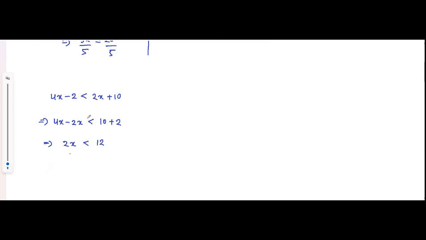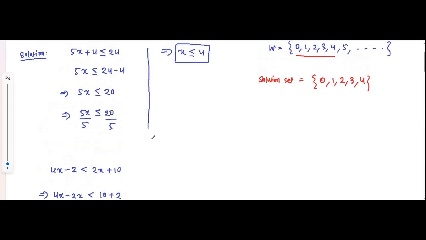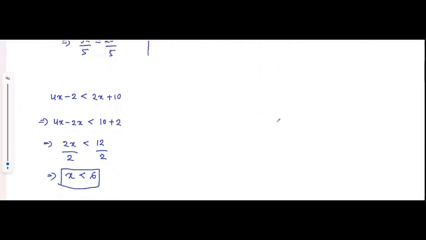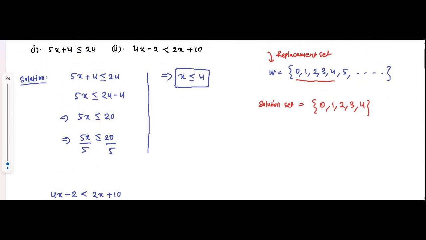Here we'll divide both sides by the same positive number, 2. So we have x is lesser than 6. This is the solution of the given inequation. Now from the replacement set of whole numbers, lesser than 6, we'll just stretch it from here to here.